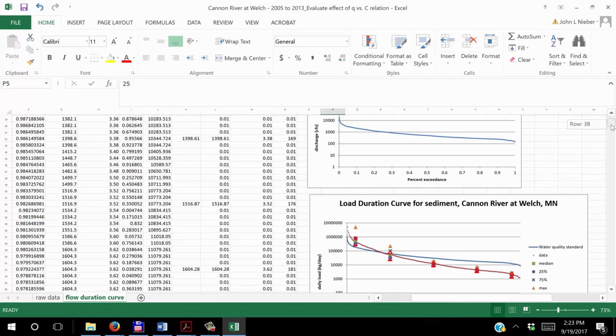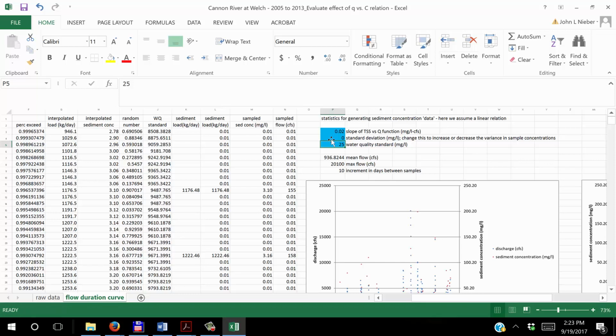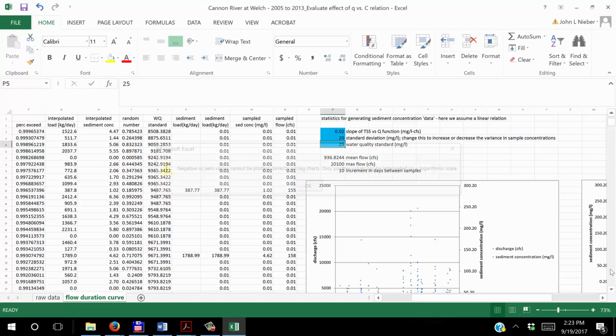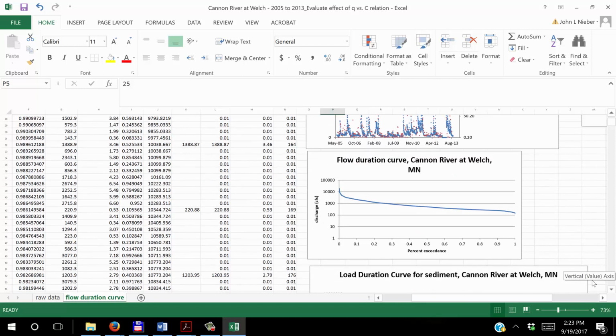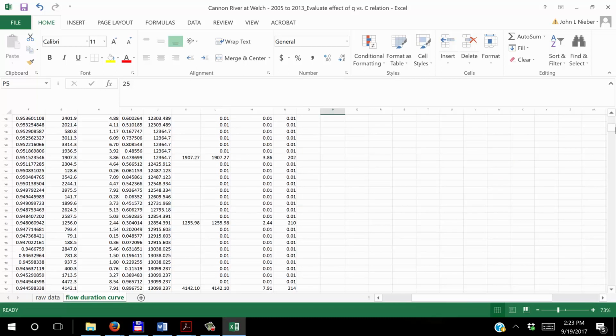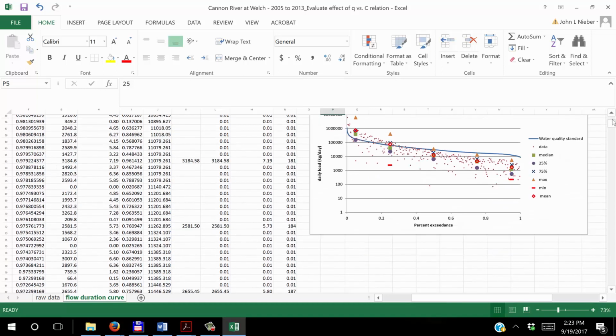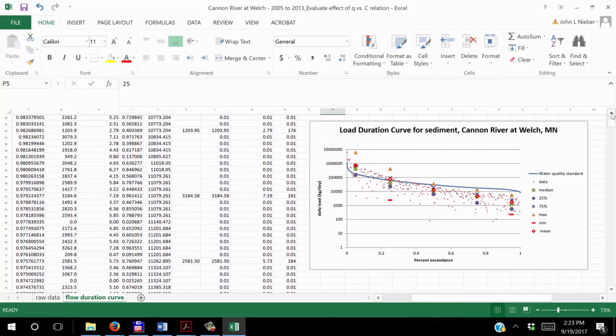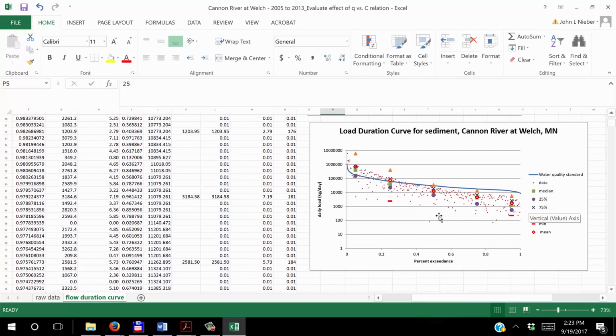So the point here is that the larger the standard deviation, let's say if I make this 20, we get quite a large spread in the upper and lower limits. You can see the amount of spread here, and the larger the spread between the maximum and minimum, or between 75% and the 25%, the larger will be your error of estimate of the mean loading rate.